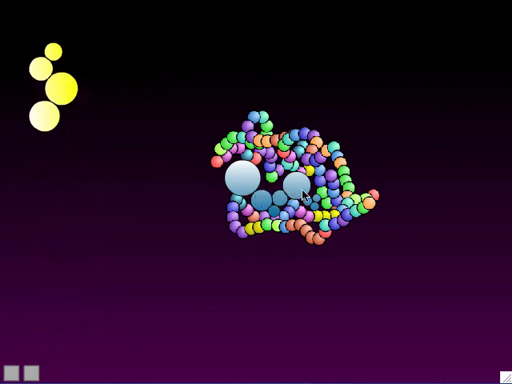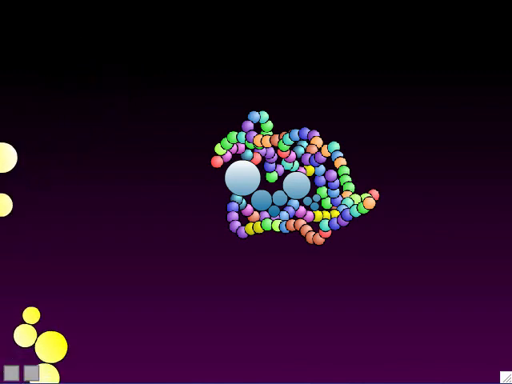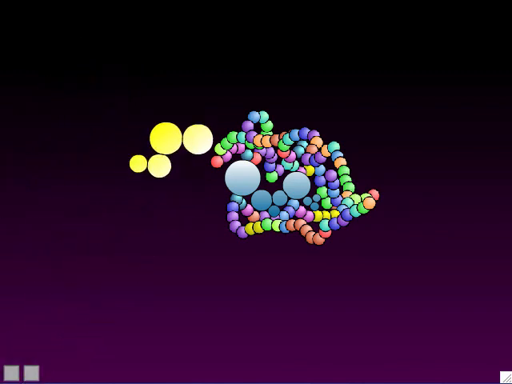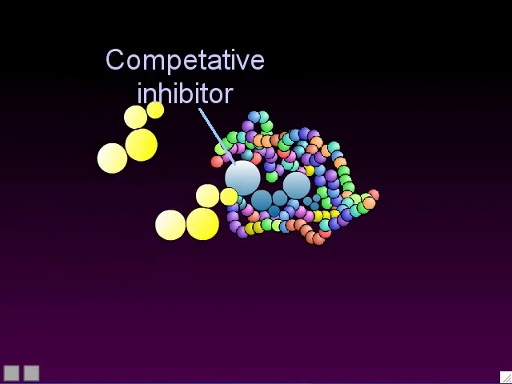But when the competitive inhibitor gets in there, it gets stuck. And so what's that going to do to the rate of the enzyme? It's going to decrease the enzyme's activity, right? Oh yeah, so that's the competitive inhibitor, and you can see why.